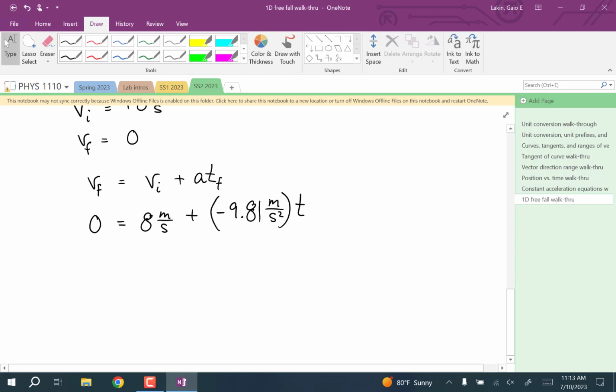Now, see if you can work through the algebra of this to find time final. So pause the video now and do that. Okay, to do that, I'm going to subtract this whole term from both sides, which means adding 9.81 meters per second squared times time final to both sides.